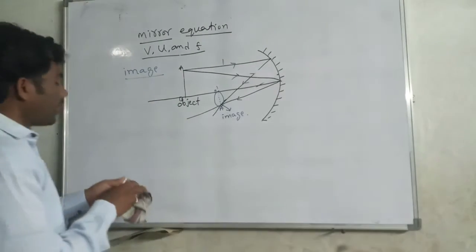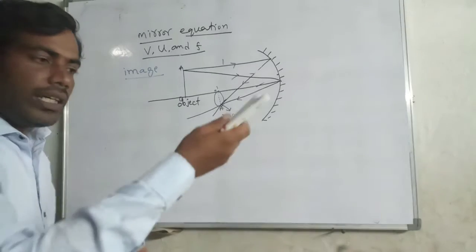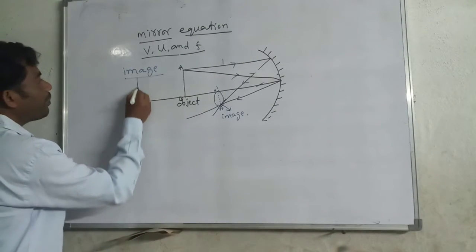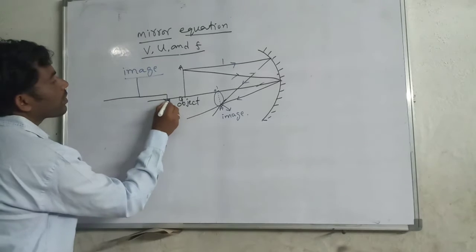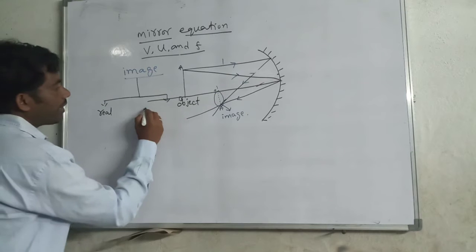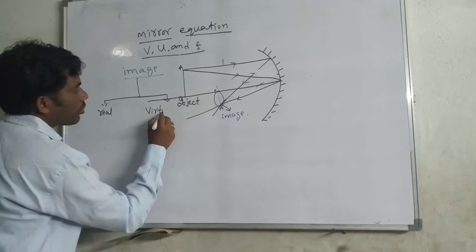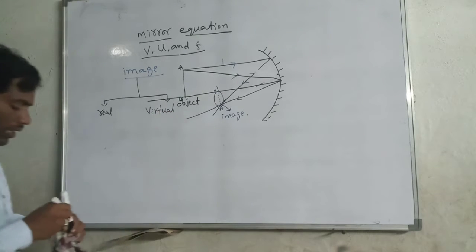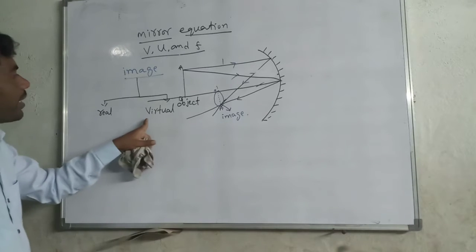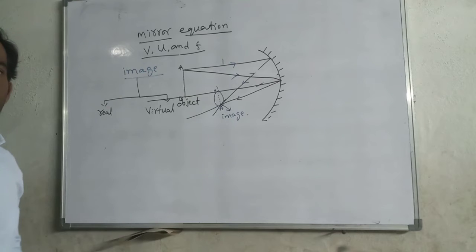How many types of image are there? Basically two types: one is the real image and the second is the virtual image. In this figure, the rays converge at point A dash. If the rays converge, it gives a real image.